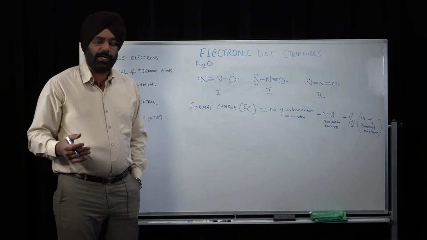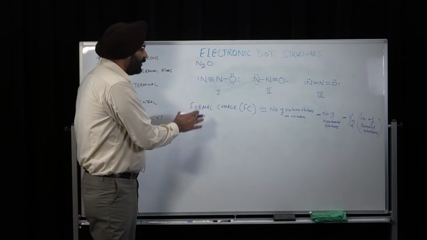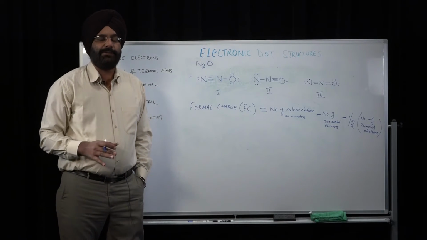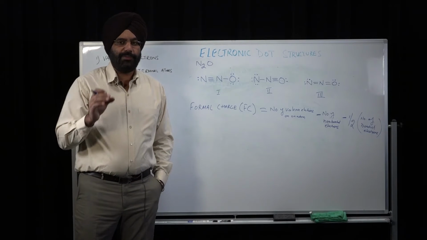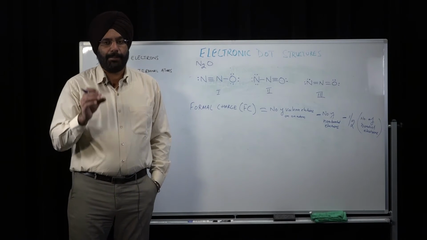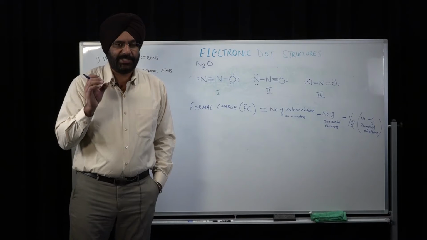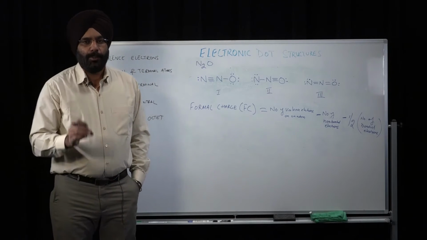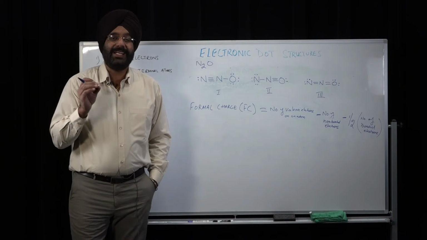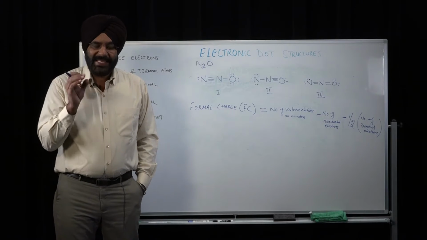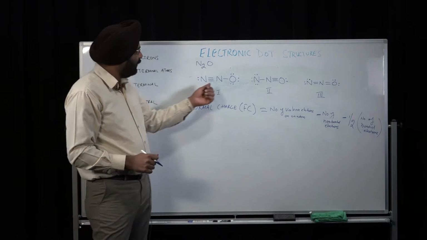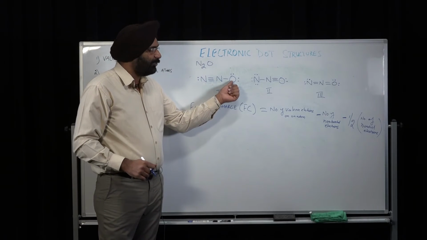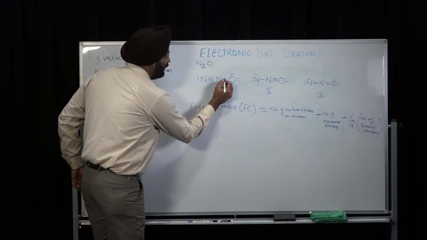It's very simple to get to this, because the formal charge we calculate for molecules which are covalent in nature, and covalent nature means a bond which is formed by the sharing of electrons, where the electrons are being contributed by each of the atoms which are forming the bond. So like here, the nitrogen and oxygen, there is a single bond.